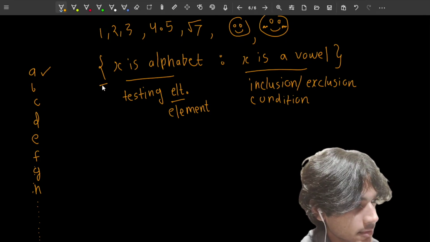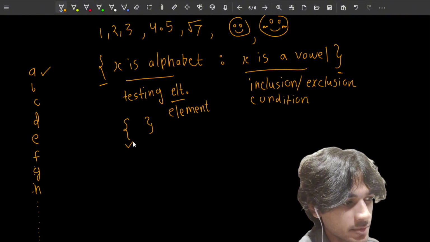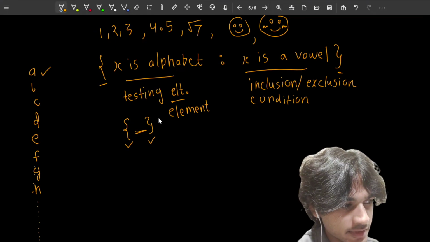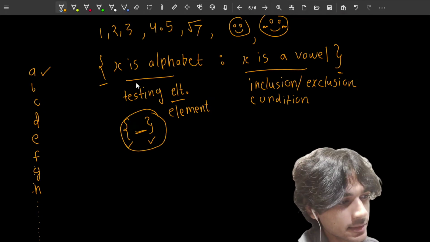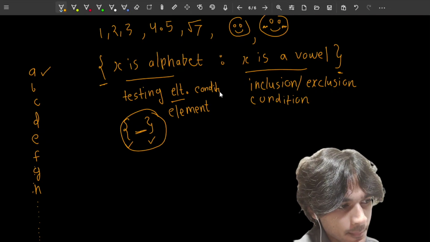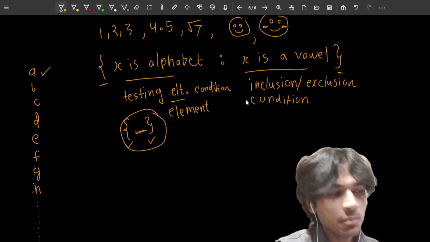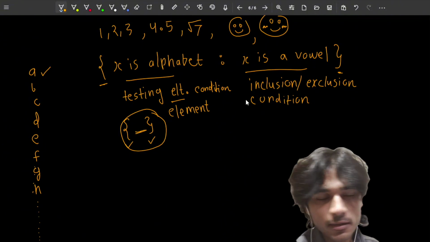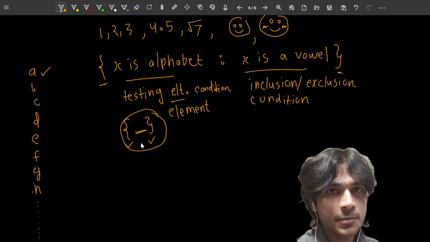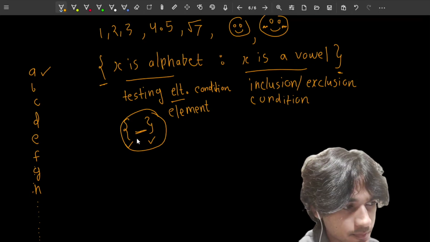These two signs represent the start of the collection and the end of the collection. Anything between them represents one collection. This testing element condition and this inclusion and exclusion condition give me the idea of what a set will look like. A set itself is a collection, so whenever I represent a set, I use the symbols for the start and the end of the collection, right?